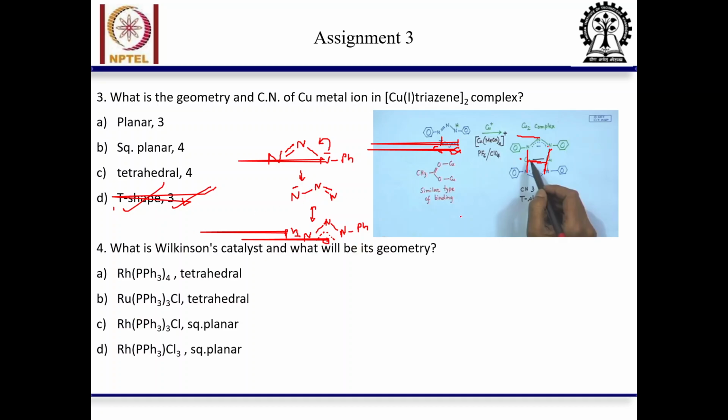Now question number 4: what is the Wilkinson catalyst and what will be its geometry? Can anyone write in the chat box what the Wilkinson catalyst is and what its geometry is? Okay, rhodium PPh3 Cl. Can I ask one question?